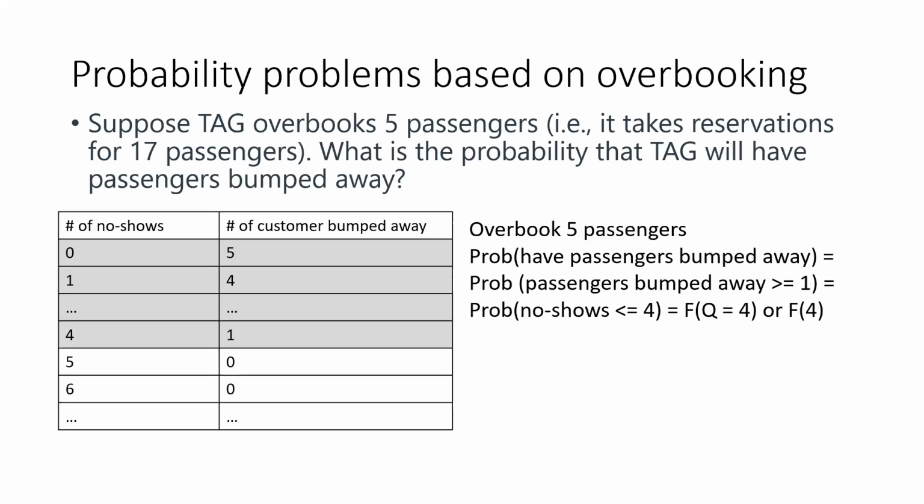Remember the demand model: the probability that demand is less than or equal to Q, we write as F of Q. Here the probability that no-shows is less than or equal to 4, we write as F(4). After that, go to the Poisson distribution table, find the value for 4, and read off the probability.